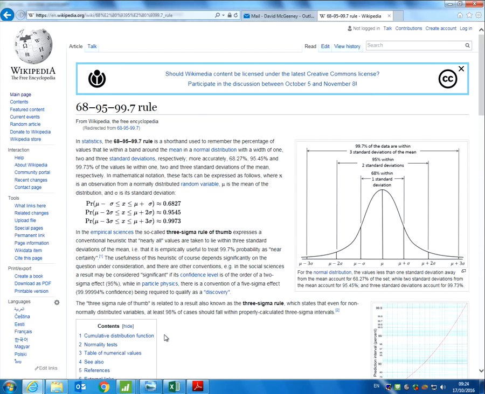Therefore 95% means 2 standard deviations, and finally 99.7% would be 3 standard deviations. We can never say where 100% of the data is because it's a continuous distribution, so theoretically any value is possible.